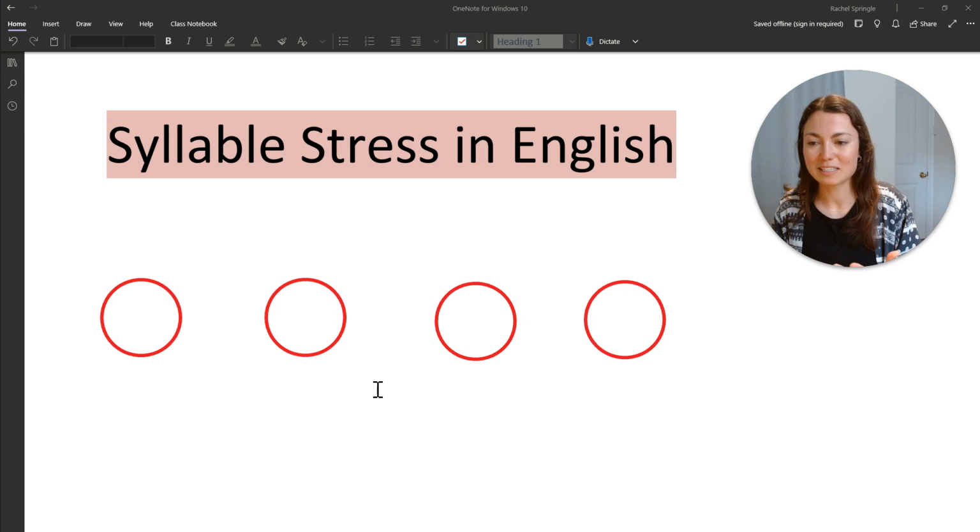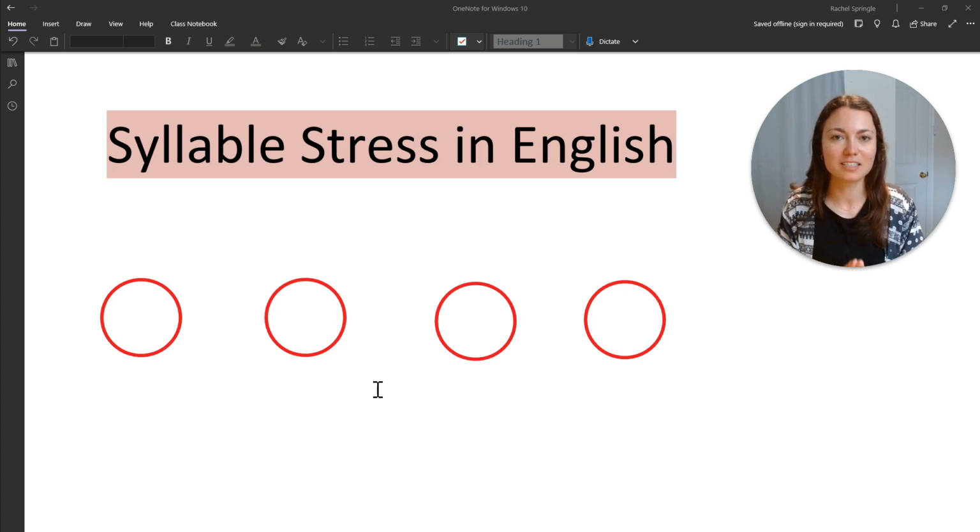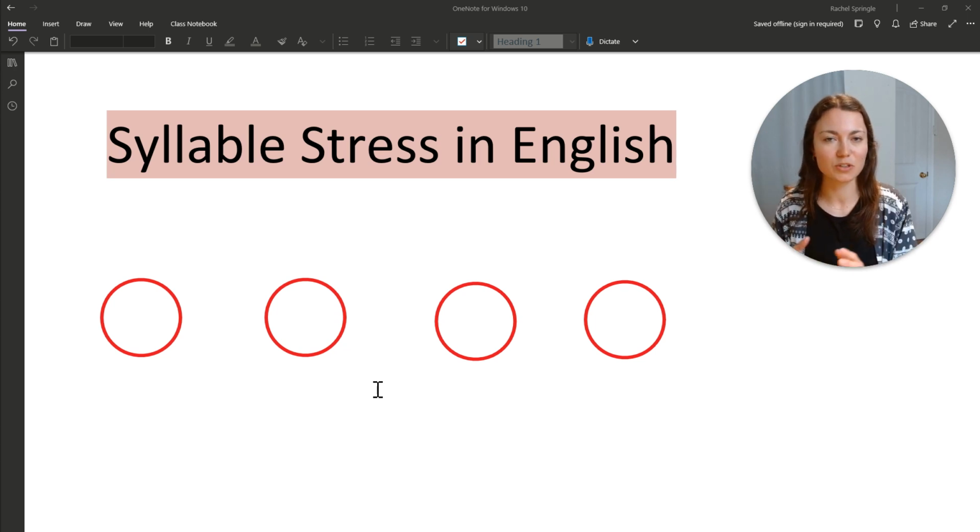So, to use an example, if I said this as a syllable timed word, it would sound like da, da, da, da. None of the syllables are longer or louder than the other.